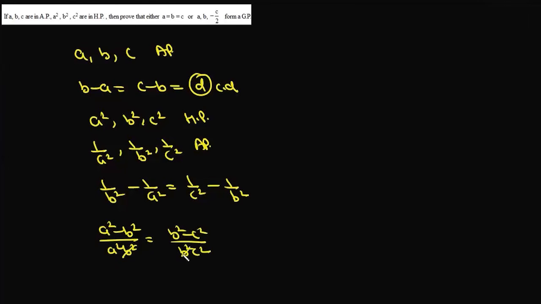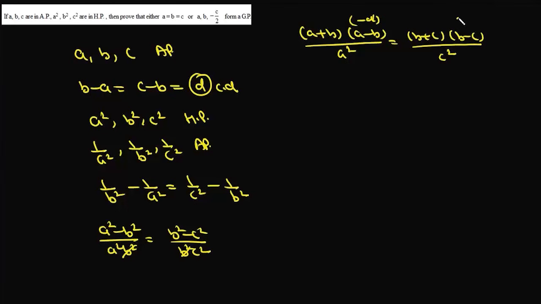Now here B square will cancel, so we can write (A plus B) into (A minus B) upon A square will be equal to (B plus C) into (B minus C) upon C square. Now A minus B is minus D and B minus C is minus D. So if we cancel this out, we'll get this one result that D is 0. And if D is 0, it means A equals B equals C.